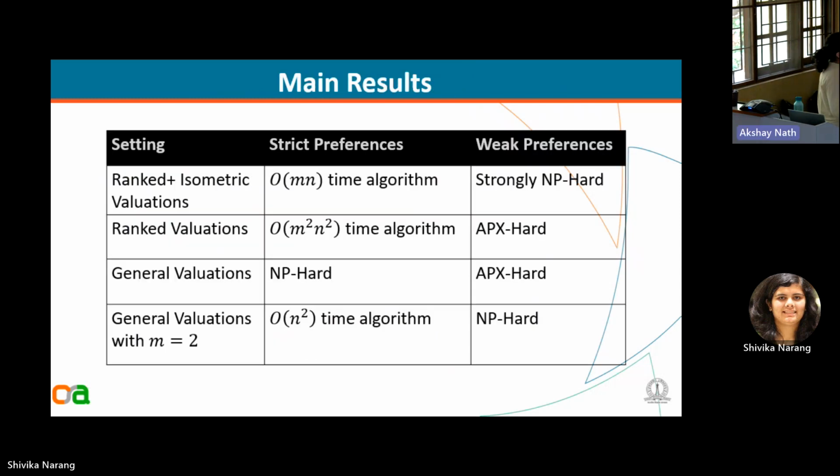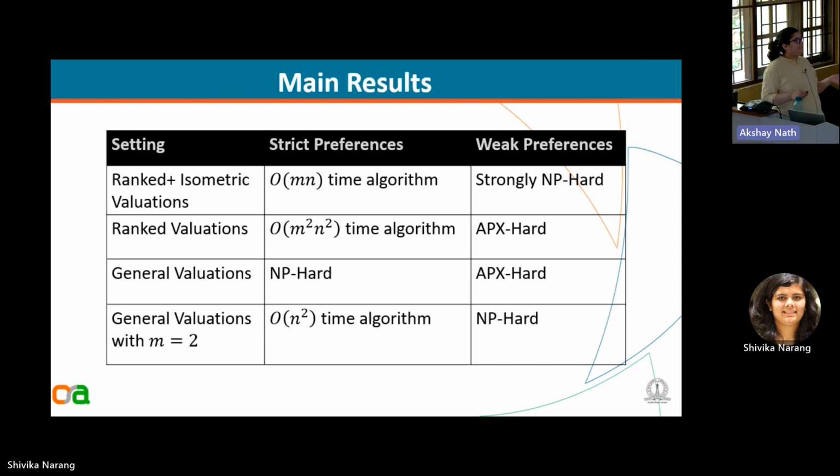So what we find here is that if you have ranked isometric valuations and strict preferences, you can solve this problem in linear time, basically. But if you don't have strict preferences, this problem becomes strongly NP-hard, which, if you don't know what it means, just ignore the word strongly. Ranked valuations alone, without isometric, with strict preferences, the problem is still tractable.